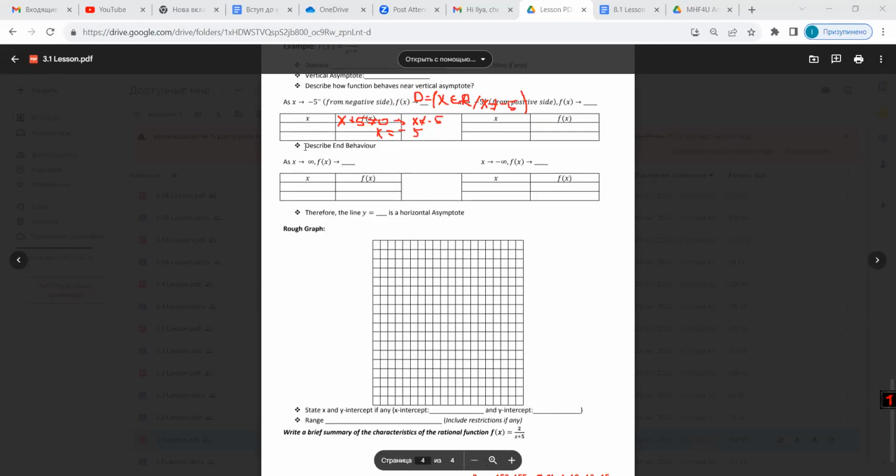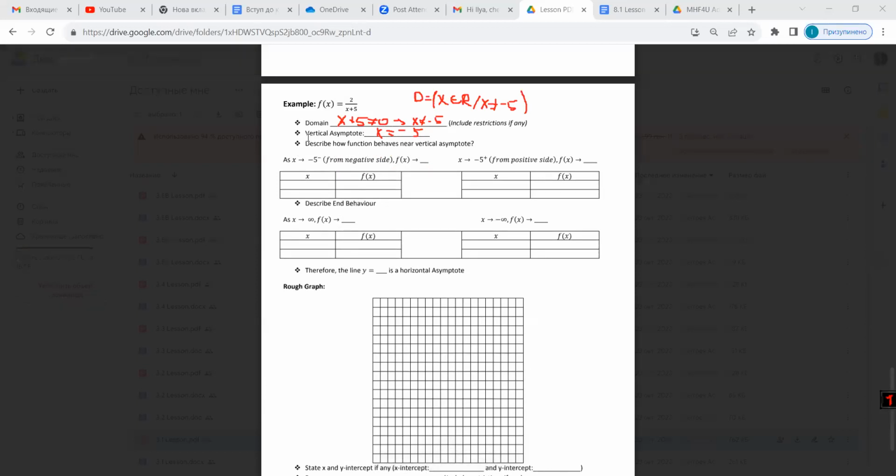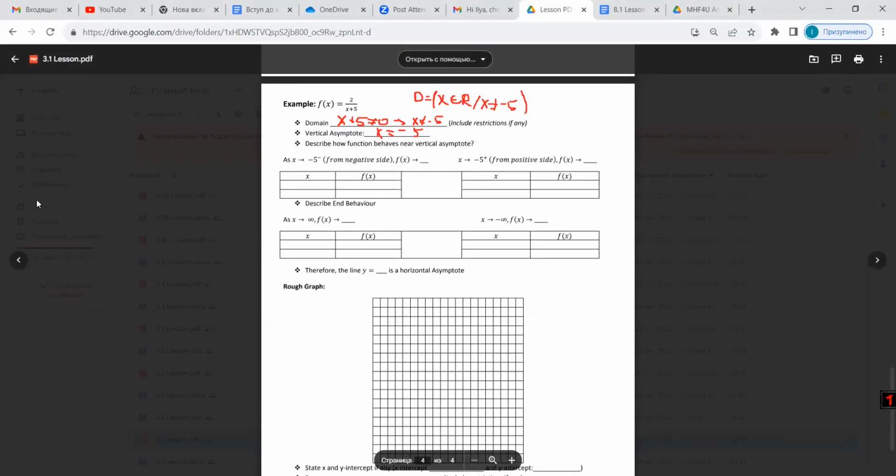Let's move a little lower. We'll sketch the graph afterwards. Describe how the function behaves near the vertical asymptote. In order to do so, we approach x equals -5 from the negative side. It can be also denoted as, you see a little minus sign in the top right corner.